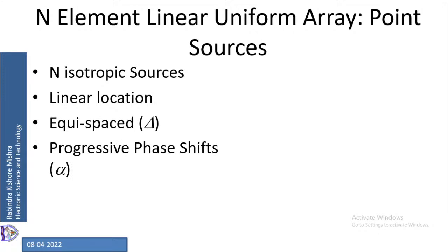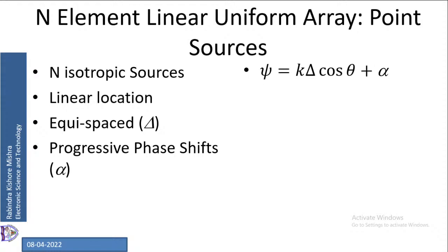Between any two consecutive sources the separation is delta. The phase shift is progressive alpha. The first phase is 0, the second phase is alpha, the third phase is 2 alpha, the fourth element phase is 3 alpha. This way the phase progresses, so we have a progressive phase shift.